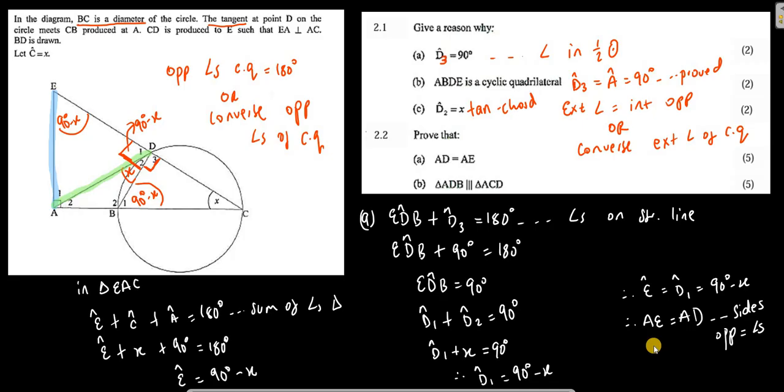Now let's go to the last one. So now we know that those are equal.